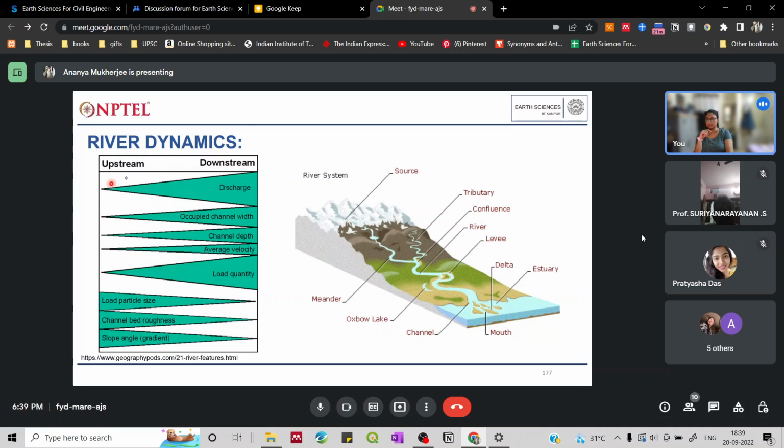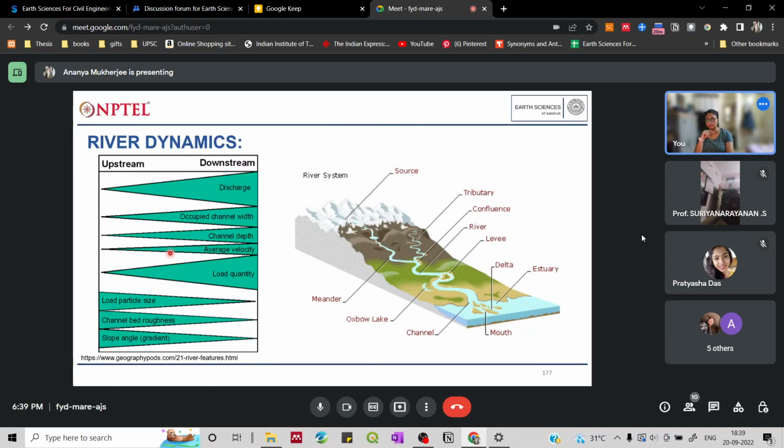So you can see that the discharge in the river system increases downstream, because more and more tributaries join the river channel, increasing the discharge. Then the channel width also increases downstream. Then the channel depth also increases in the downstream area.